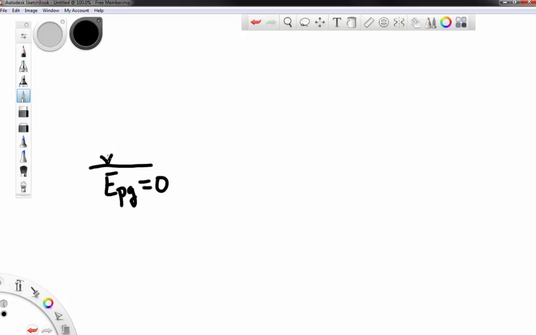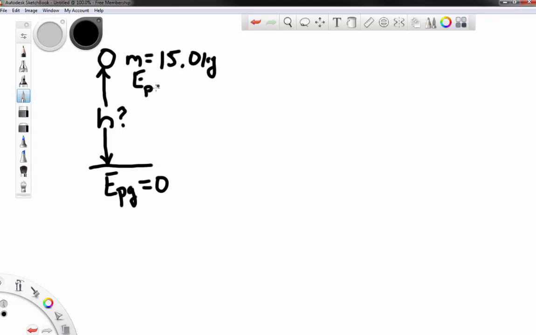We do not know what the height of the rock is, so I'll put a question mark next to that. Here's the rock. Mass was given as 15 kilograms, and the energy was given as 121 joules.